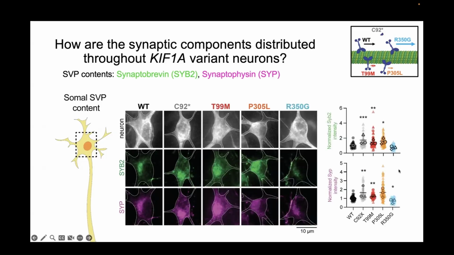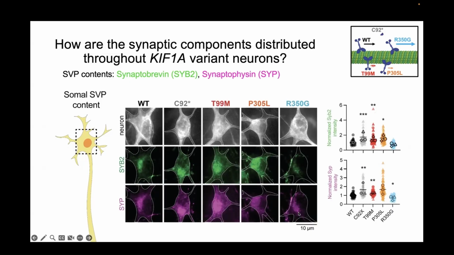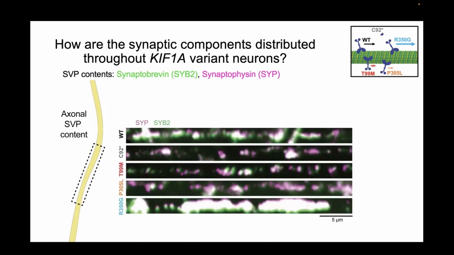Whereas in the opposite case, where it's going too fast, you actually see fewer of these cargos in the cell body. If we look down the axon arm, you can see that the opposite holds true. So in these loss of function situations, you're getting less out in the axon, where the hyperactive, there's more getting shunted out there.